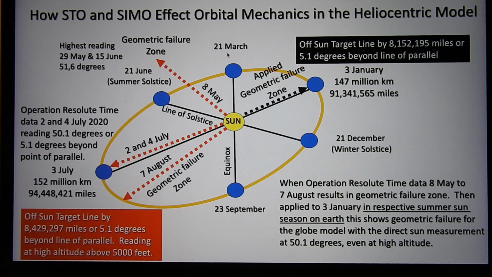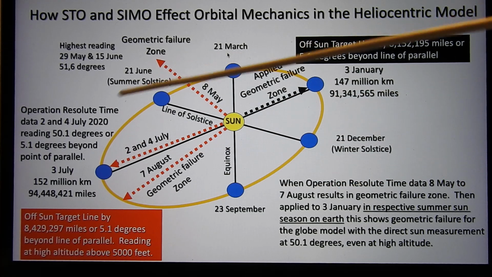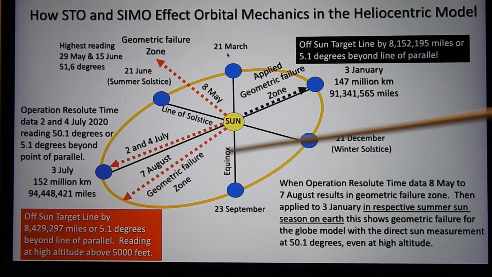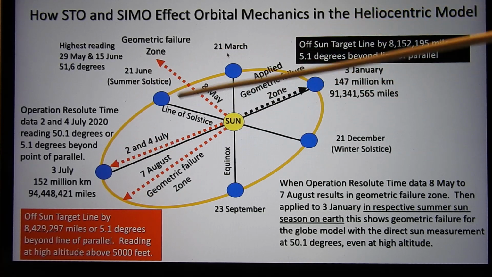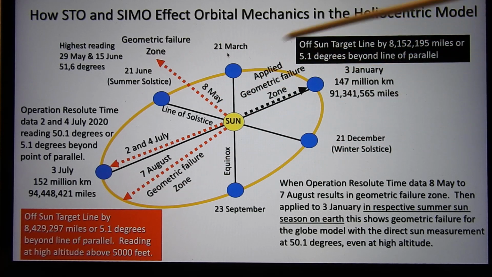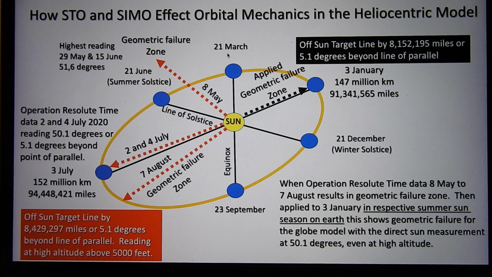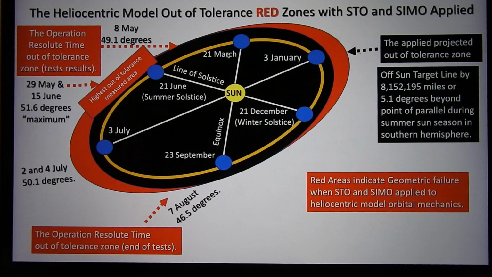Again, when we talk about failure in orbital mechanics, here we have the orbital elliptical ring, and here we have our orbital failure when we did Operation Resolute Time. This area here is complete orbital mechanical failure. In other words, the Sun to Earth relationship is out of position, the Sun being too high in the sky in this complete area of the elliptic, which again creates another huge problem for that model, and as a result it's an orbital mechanic failure.